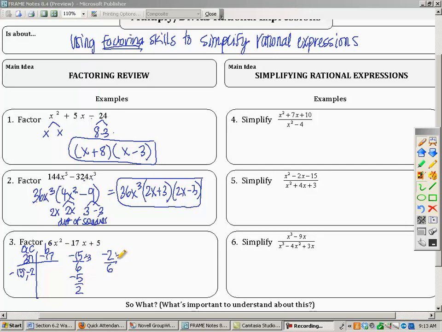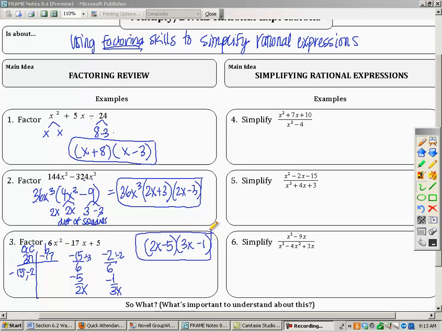I can divide the second one by 2, and I get negative 1 over 3. Because these are in reduced form, the bottom number becomes our x. So my first factor is 2x minus 5. My second factor is 3x minus 1.